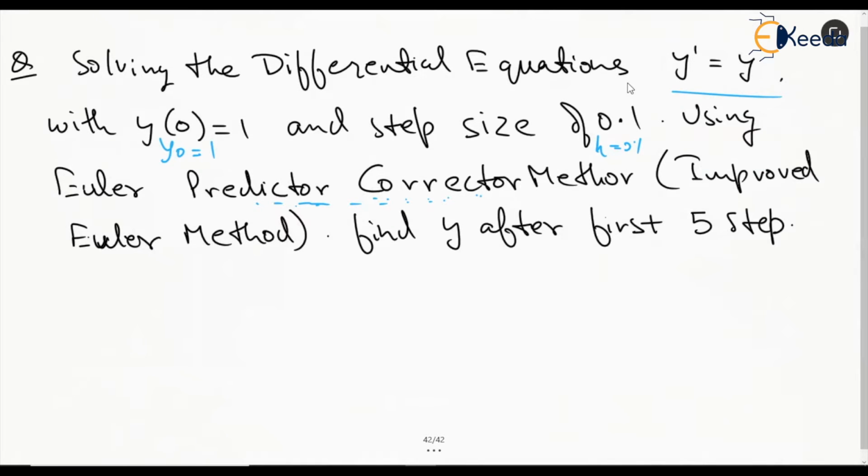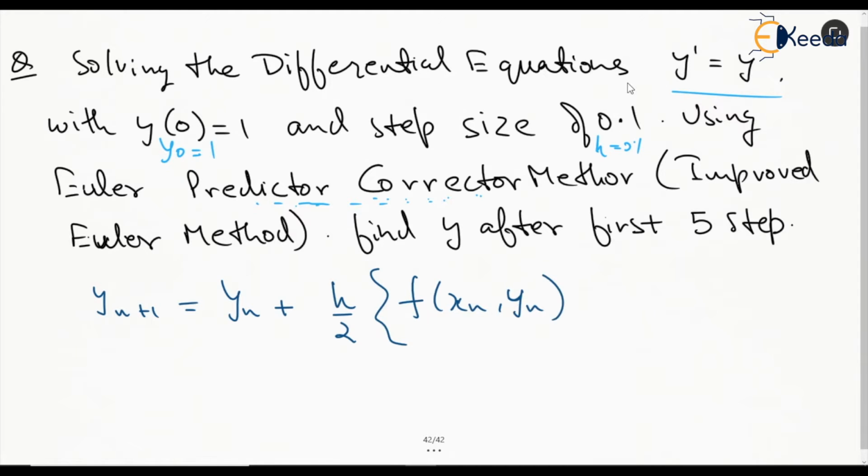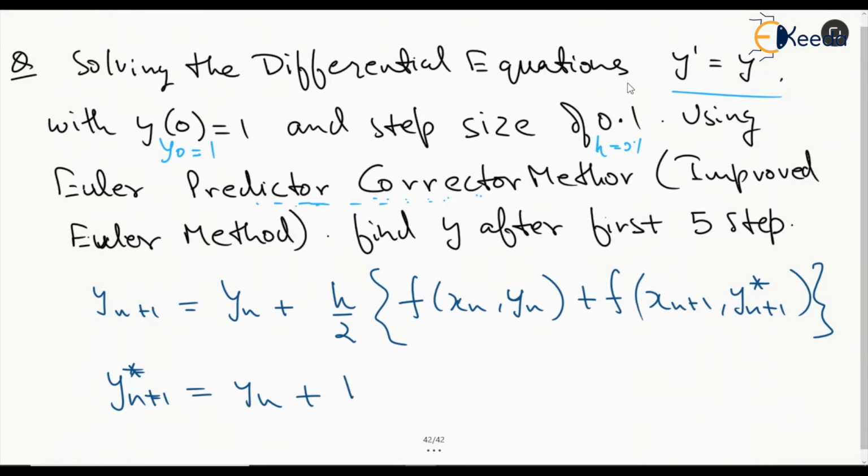So first of all, we know that yn plus 1 in this case is given as yn plus h by 2 times function at xn comma yn plus function at xn plus 1 and yn plus 1 star, where yn plus 1 star is given as yn plus h times f of xn yn, right?